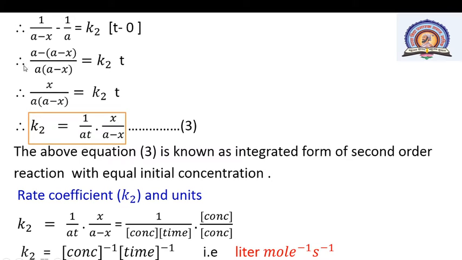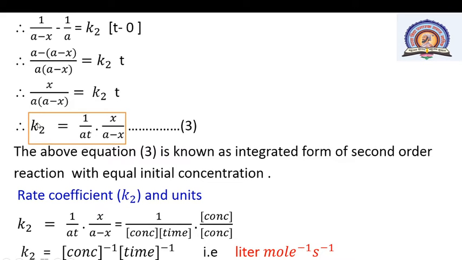Simplifying again, taking the cross multiplication, (a minus (a minus x)) divided by a into (a minus x) equals k2 into t. Here a minus (a minus x) means x, so x divided by a into (a minus x) equals k2 into t.